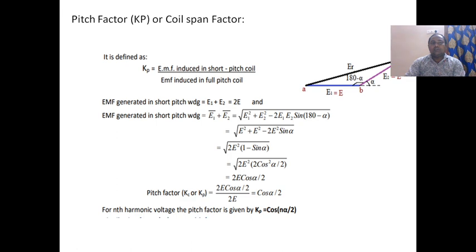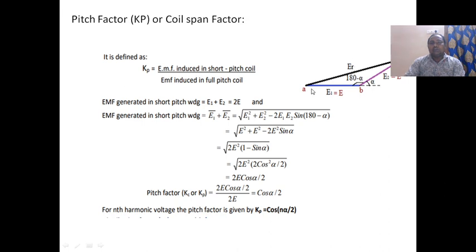So one coil is at 180 degrees electrical, and another coil is at 180 minus alpha, whatever the alpha value is. Suppose there are two windings: A to B is a full pitch coil, and B to C is a short pitch coil. We must find out ER, the resultant voltage.